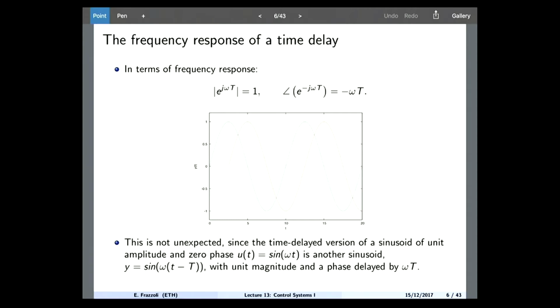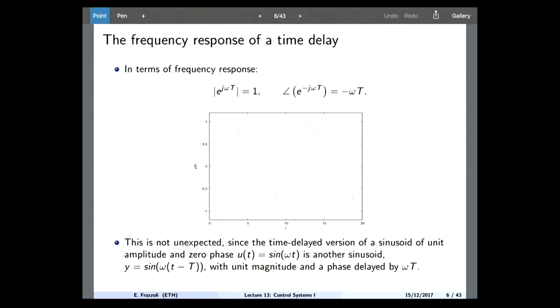What you know is that e to the power j phi, or in general, if I have rho times e to the power j phi, what is this complex number? How do you write it in real part and imaginary part? What is the real part of this?